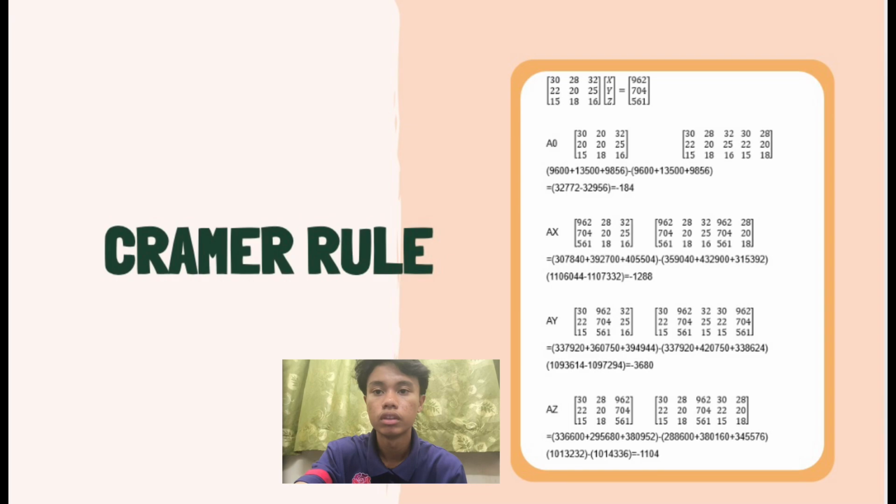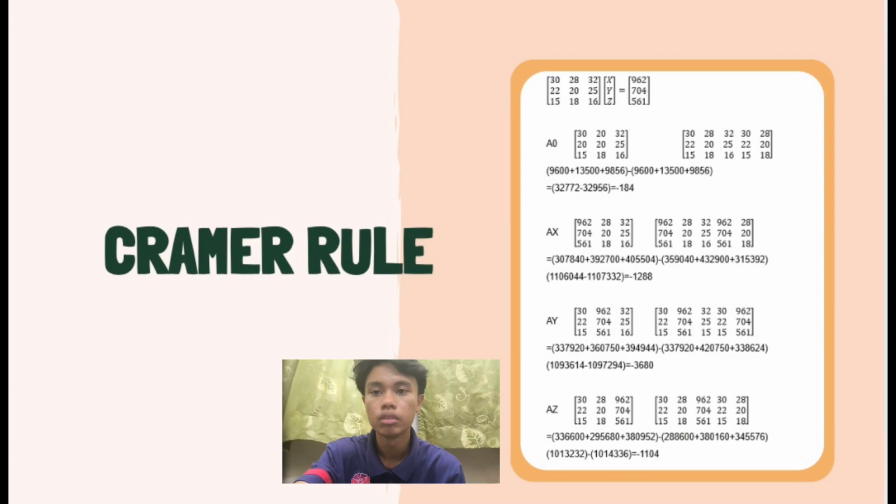For the constant column, 962, 704 and 561. To solve for X, Y and Z, we will use determinants. First, we calculate the determinant of matrix A, denoted as A0, by expanding along the first row.